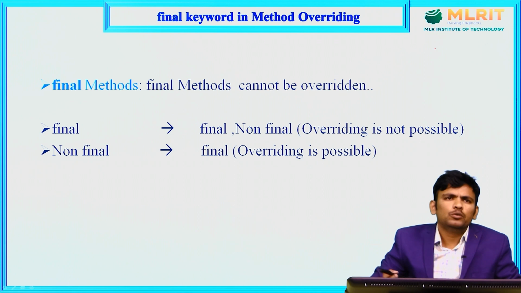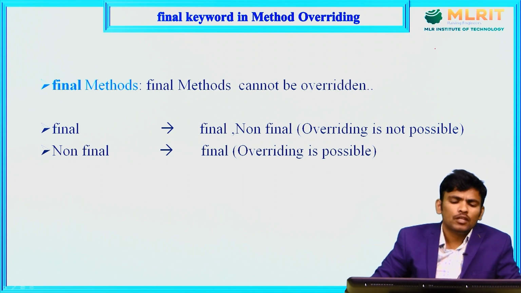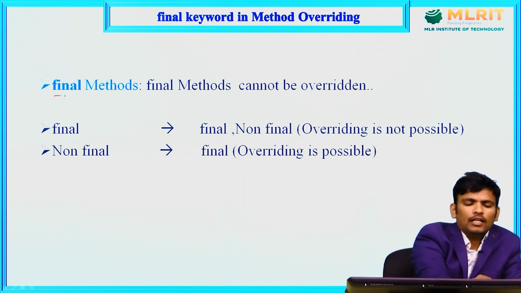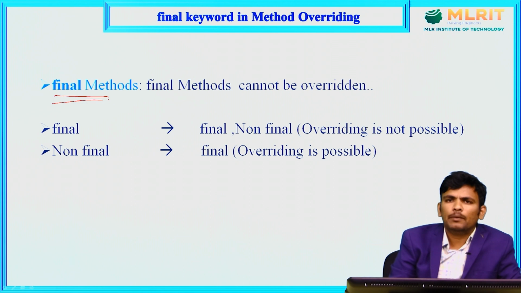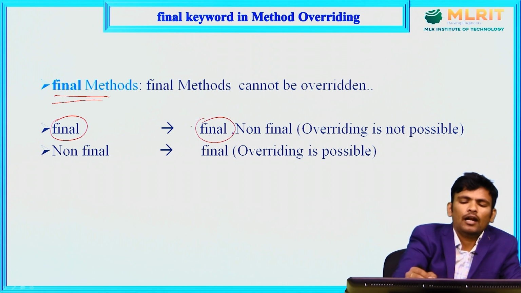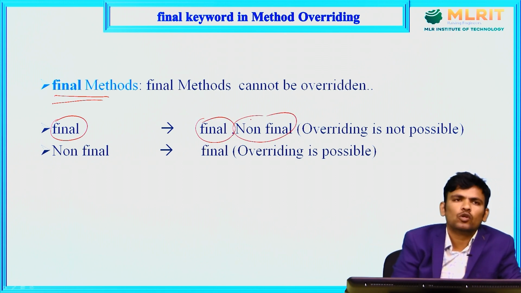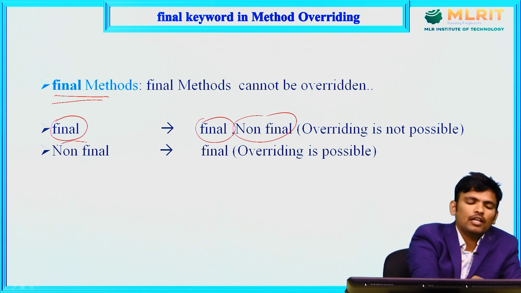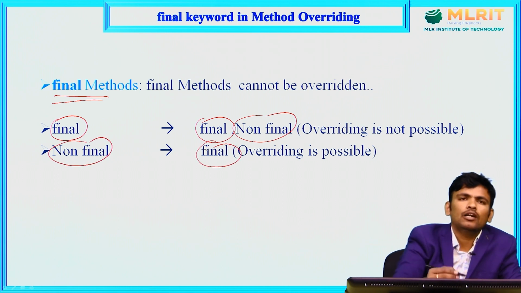Coming to the final modifier, what if I apply the final keyword to any method in method overriding? When you apply the final keyword to a method, method overriding is not possible. So from final to non-final, method overriding is not possible, but from a final method to a non-final method we can override.